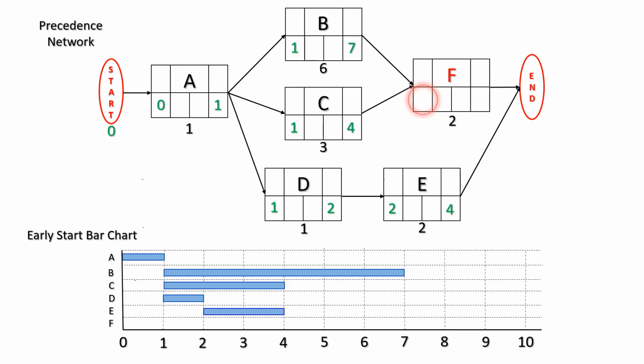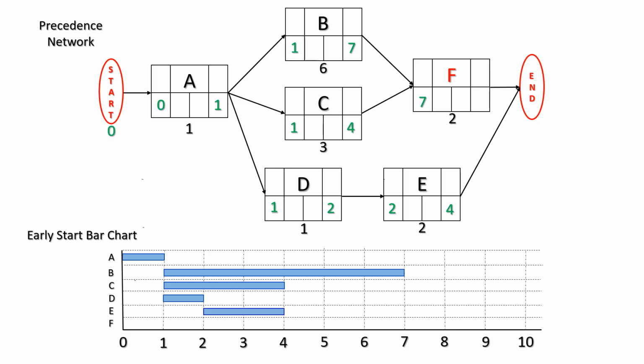So the earliest we can start F is after the completion of B and the completion of C. And the earliest B and C will both be complete will be at 7, the earliest completion of B. So we take the larger number of the two and we move that into the early start for activity F. So the earliest activity F can start will be at time 7.